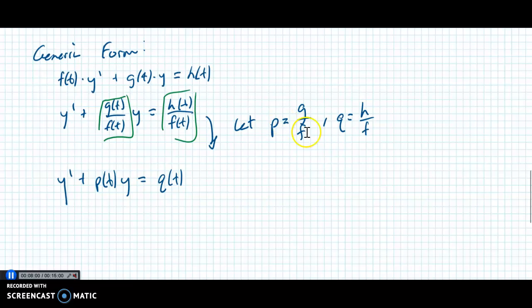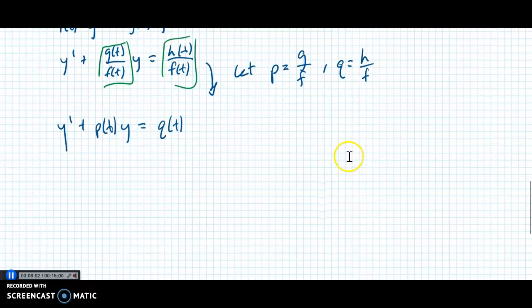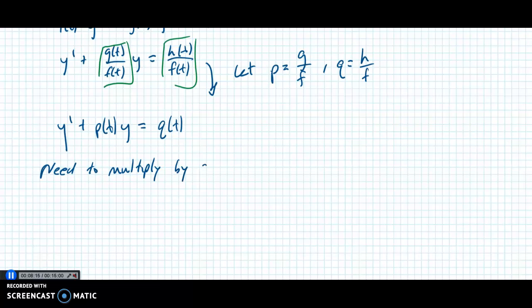what I need to do is multiply by a function mu of t, that's my integrating factor, that we call an integrating factor.